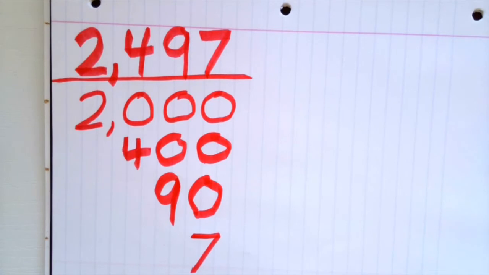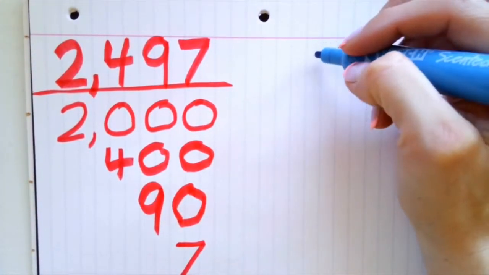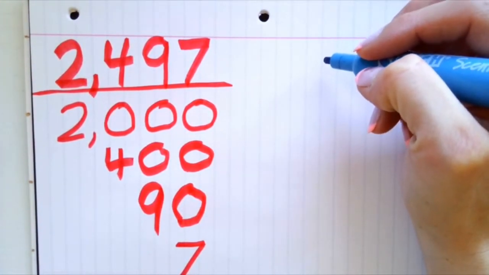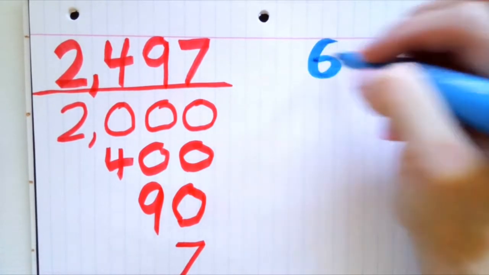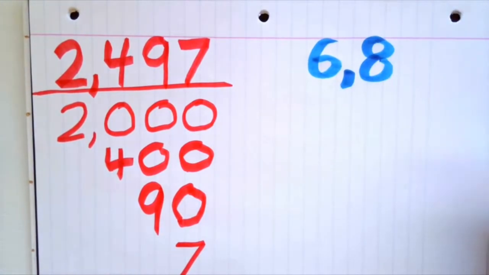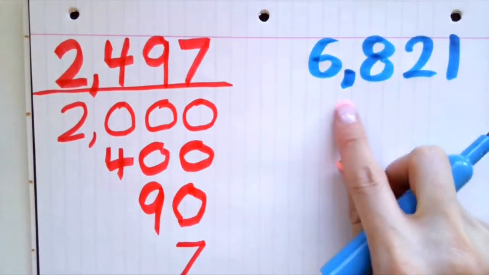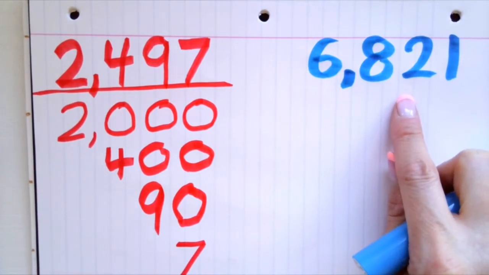Let's see if we can do this without the place value chart. Get ready to write the other number on this side with me. A 6, a comma, an 8, a 2, and a 1. How do we say this number?